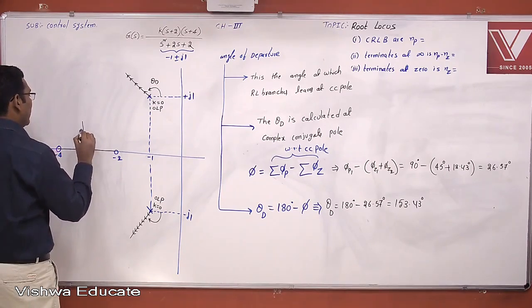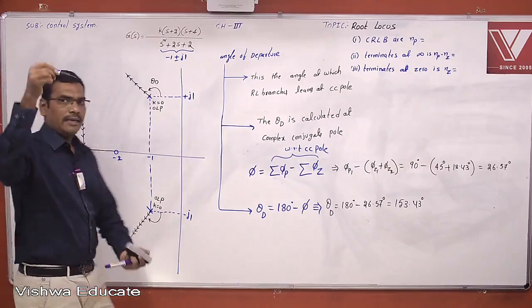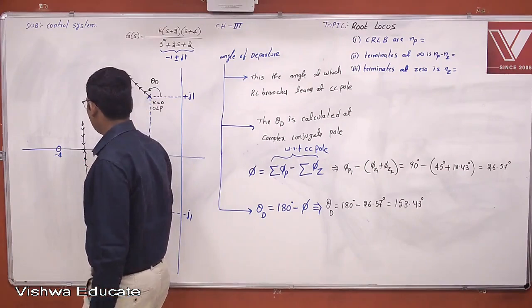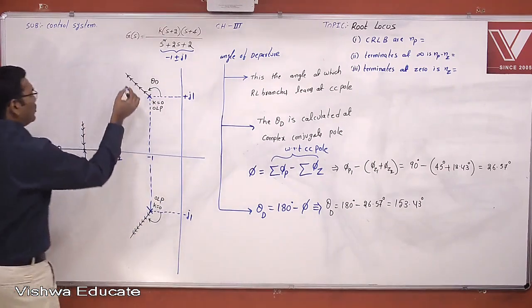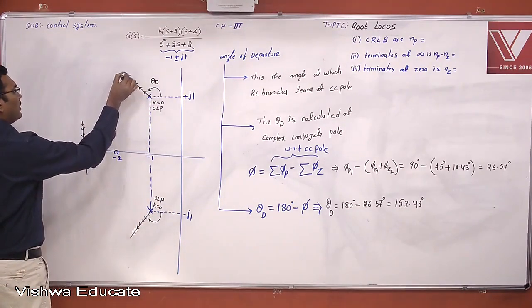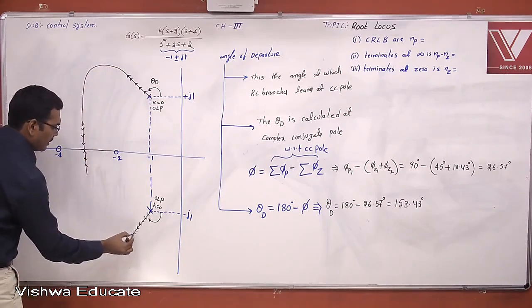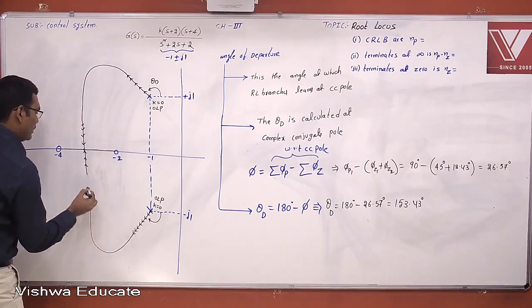The root locus branches enter into the real axis or leave the real axis at an angle of plus or minus 180 degrees by n. Therefore, this is the departed angle and the entering angle at the real axis.